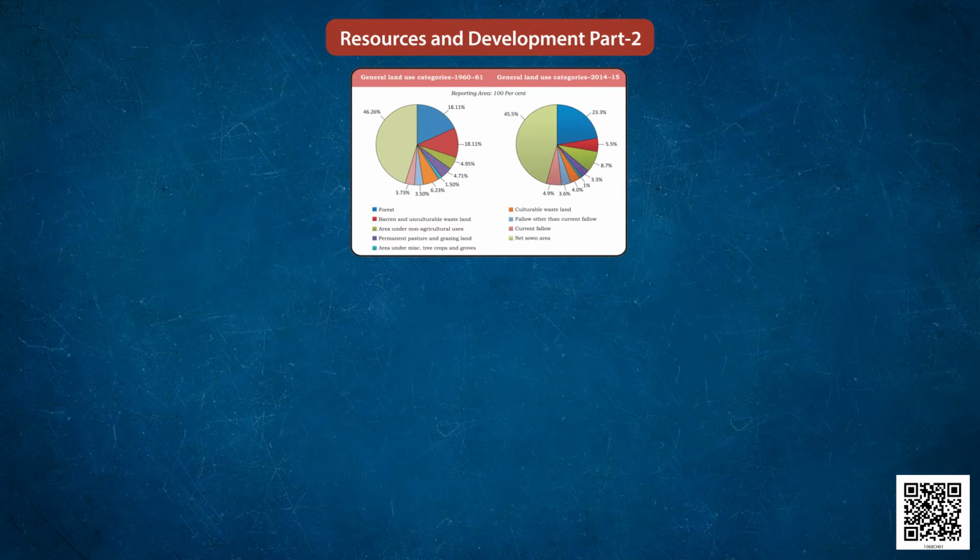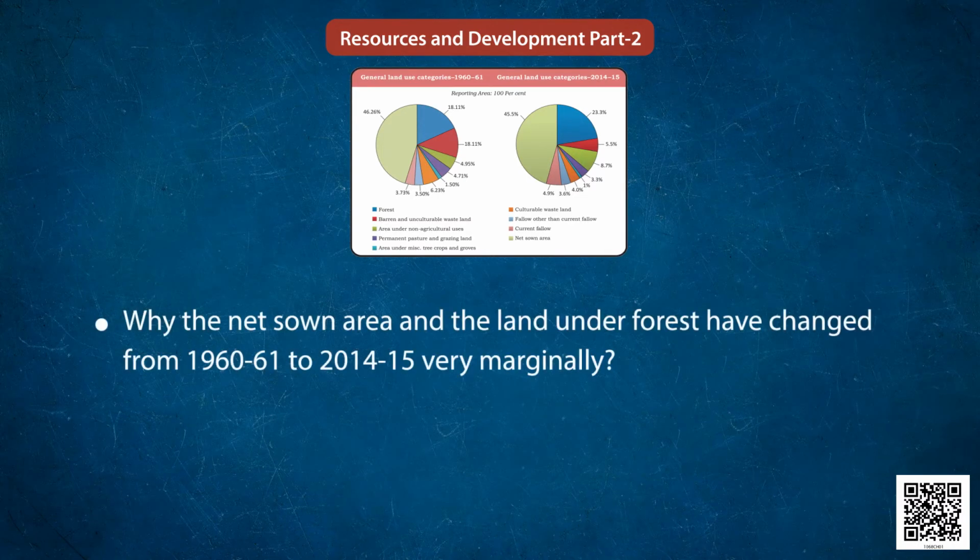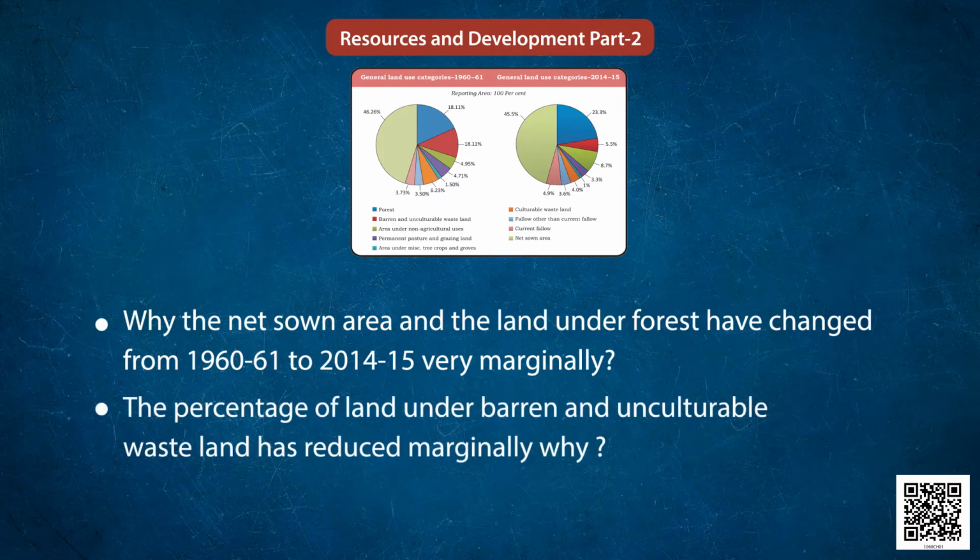Compare and find out why the net sown area and the land under forests have changed from 1960-61 to 2014-15 very marginally. The percentage of land under barren and unculturable wasteland has reduced. Why?